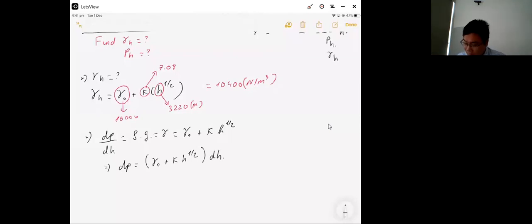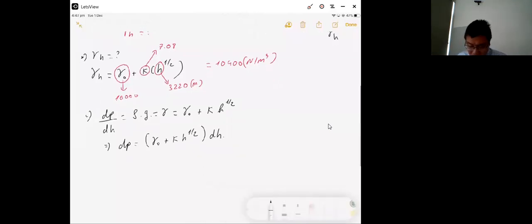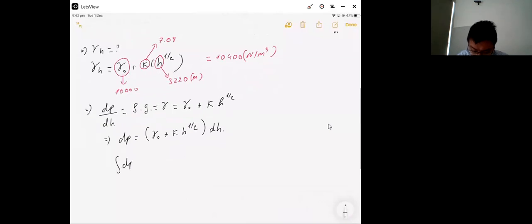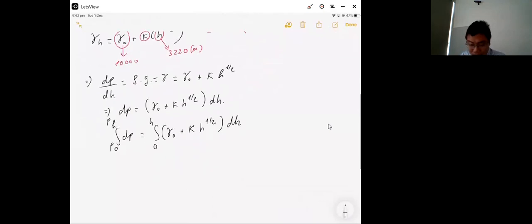Okay. So the integral from PO to PS of dP will be equal to the integral from 0 to S of (gamma O plus K S^(1/2)) ds.